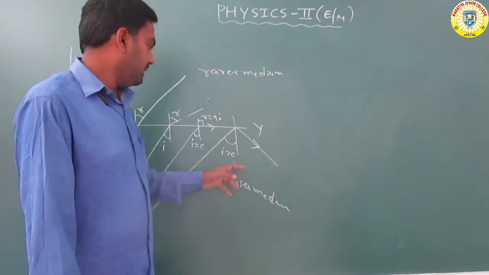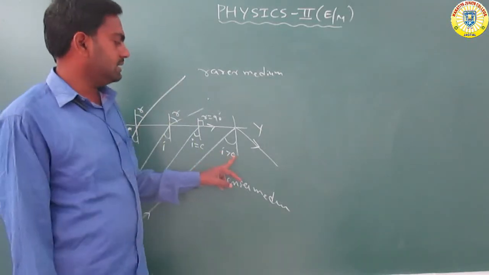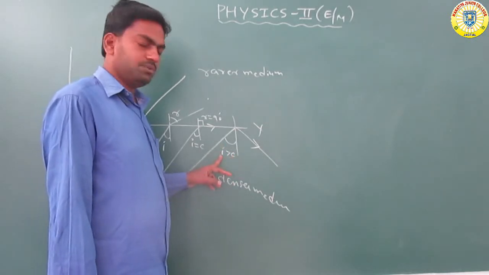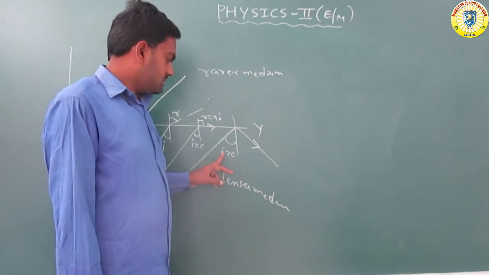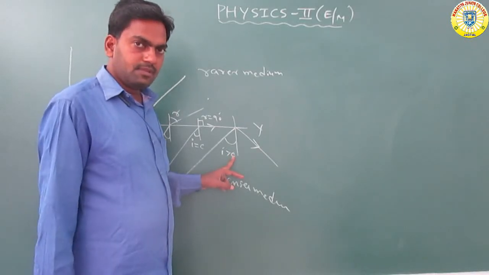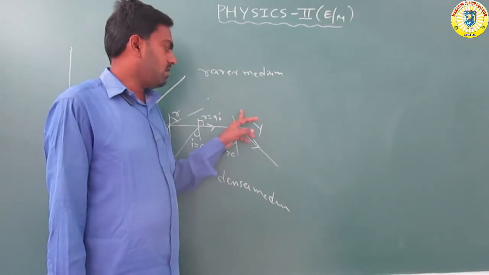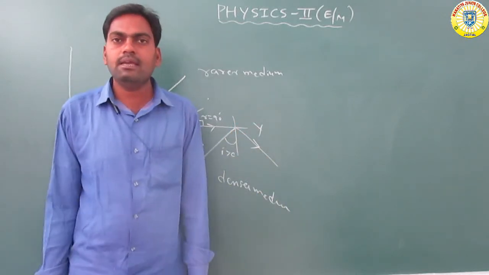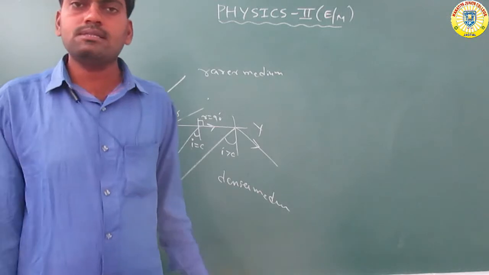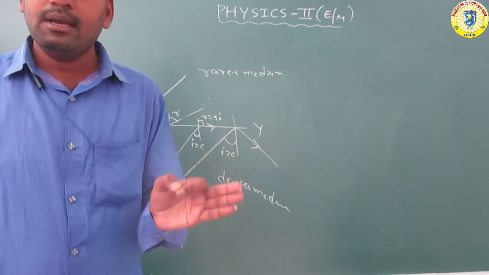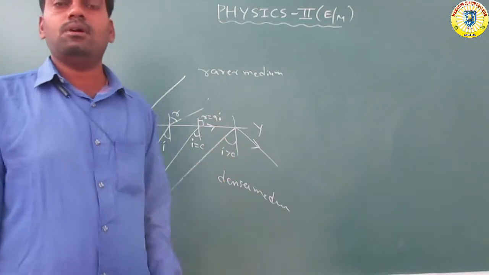That is, i is greater than c. When the incident angle is greater than the critical angle, the ray is totally reflected into the denser medium. This is called total internal reflection. Okay, got it.